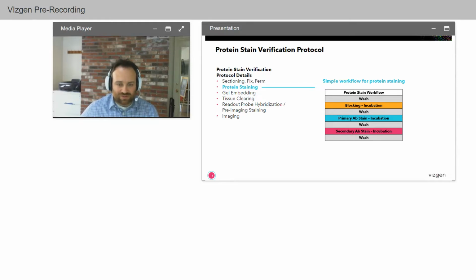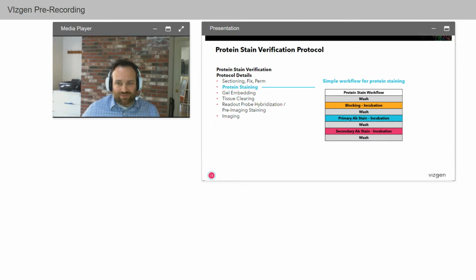You do those incubations, you do the washes, and then following this, you move back into our standard sample prep protocol of gel embedding and tissue clearing, which are important for us and something that we feel very confident provides a way to clear the tissue and get the most accurate data possible. We would then go into a readout probe hybridization, pre-imaging staining, and imaging from here. Following this, we would look at the images generated within our MERSCOPE Vizualizer system.